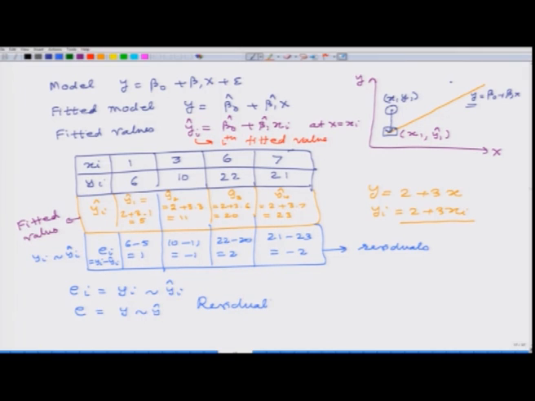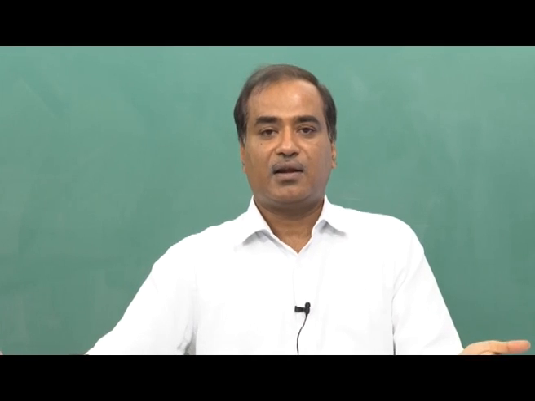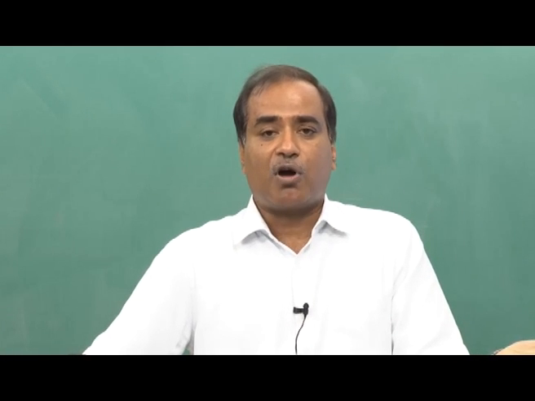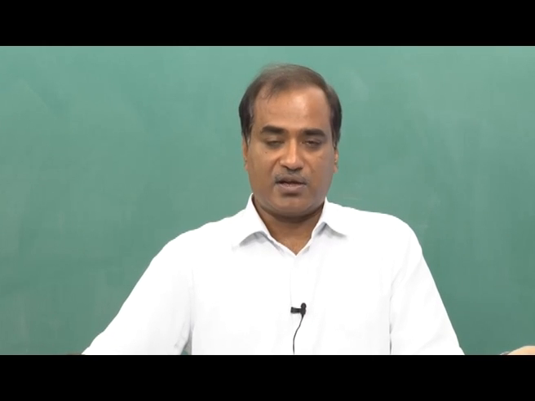Now, this residual has a very important property. If you observe in this picture, the difference between y1 and y1 hat, as per this definition, is nothing but e1, and earlier we had denoted the same distance as epsilon 1. So you can see that these residuals act like the random errors we have observed in our data.